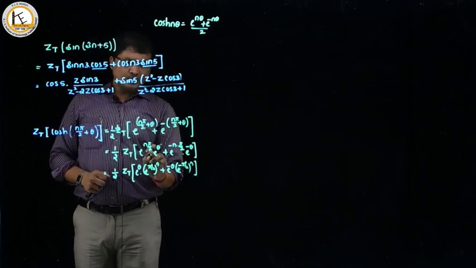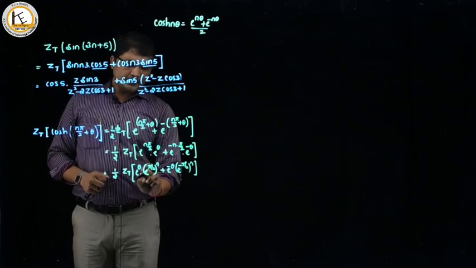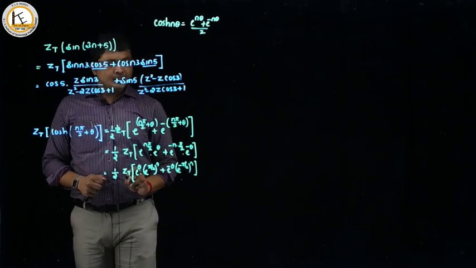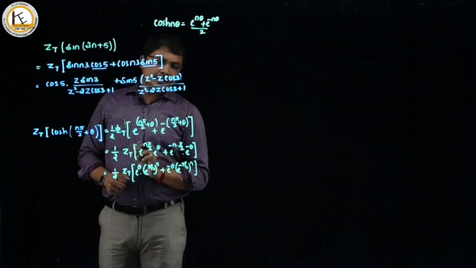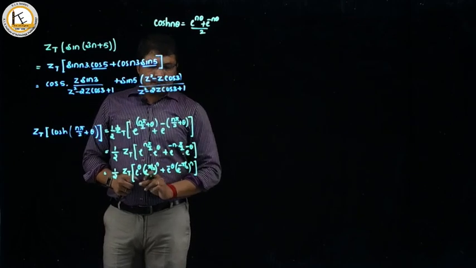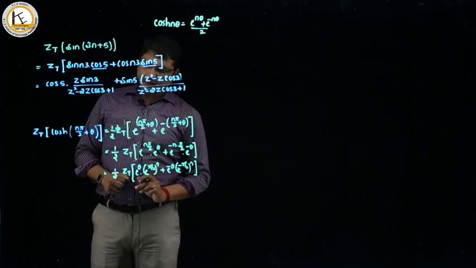So e raised to n pi by 2 can be written as e raised to pi by 2 the whole raised to n. In a similar way, e raised to minus n pi by 2 can be written as e raised to minus pi by 2 the whole raised to n.